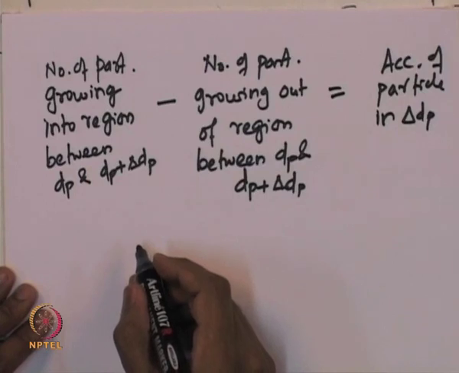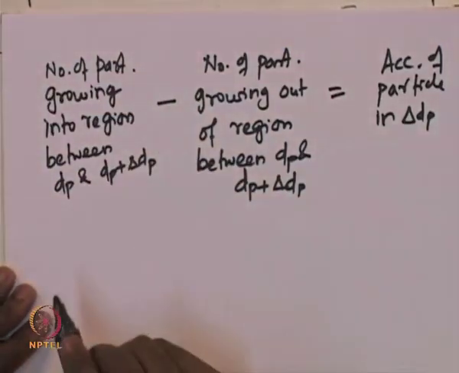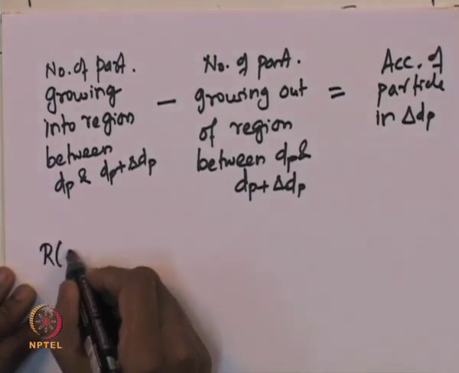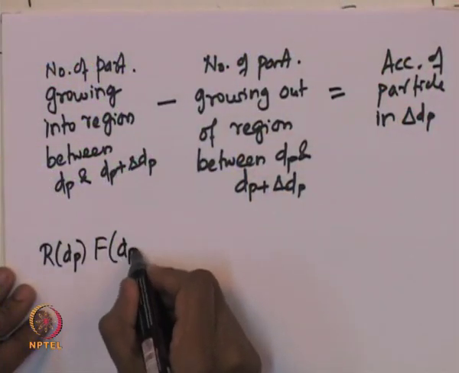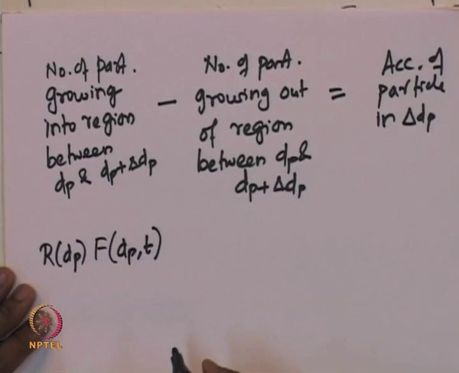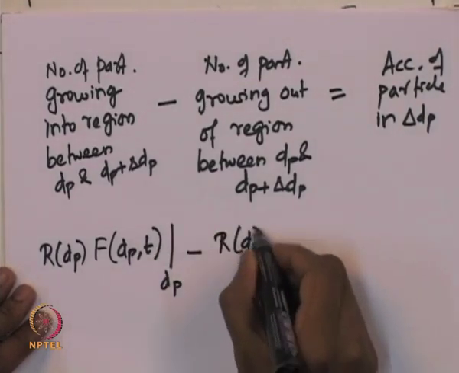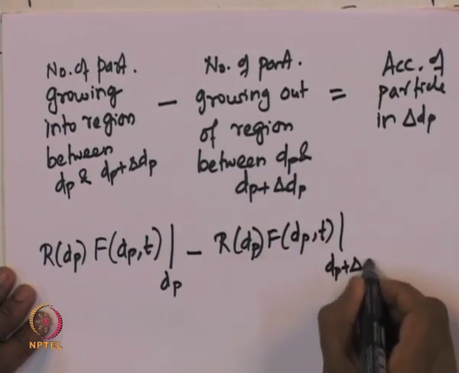Now, suppose r is the growth rate, which is what we defined a short while ago. Then the number of particles growing into the region between dp and dp plus delta dp is given by r of dp, the growth rate when the particle size is exactly dp, multiplied by the corresponding fraction f, which provides a clue as to the number of particles growing into this small interval of diameter, and that is evaluated at dp minus delta dp.